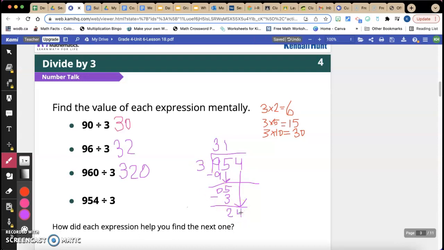I need to think on that one. If I don't know that, guys and girls, I could think about 3 times 6. That's 18, which Miss Hoag knows off the top of her head. I could add 3 more. I get 21. I could add 3 more and I get 24. So 6, 7, 8 is 24.